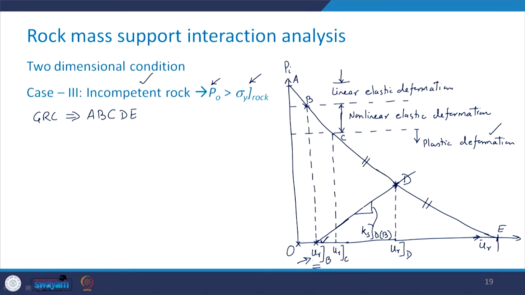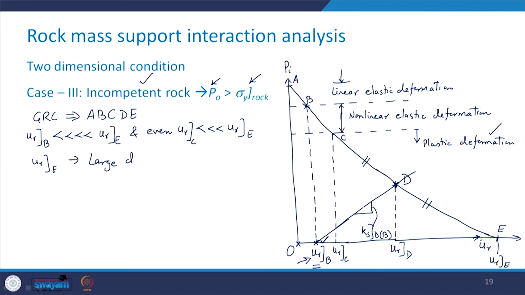Now, here at this point E, this URE, this UR at B is much less as compared to UR at point E. And even if you take a look at this figure, even URC is quite less than URE, because this URE is quite large deformation, because it is the plastic deformation. So, URE is quite large.